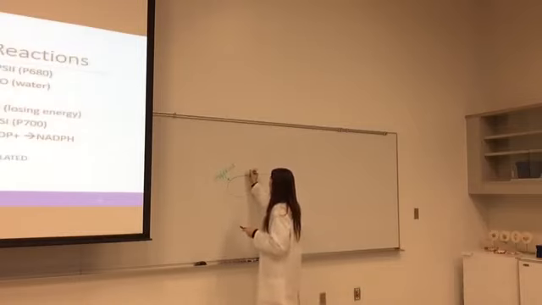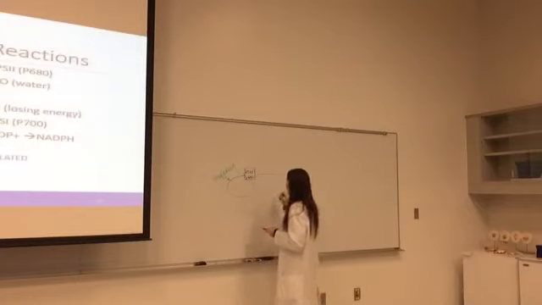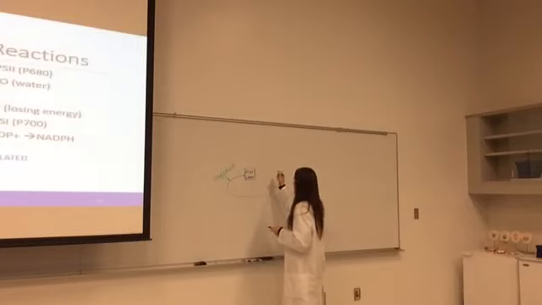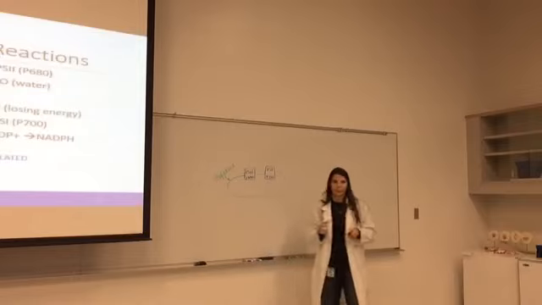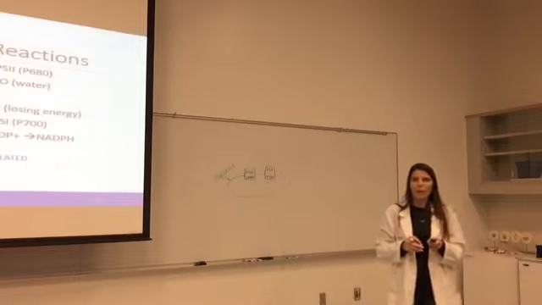And I'm going to add my photosystems. So this is PS2, photosystem 2. I'm also going to call it P680. And downstream just a little bit is another photosystem, which is PS1, photosystem 1, or P700. Okay?